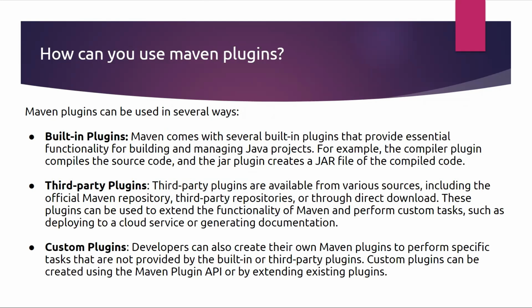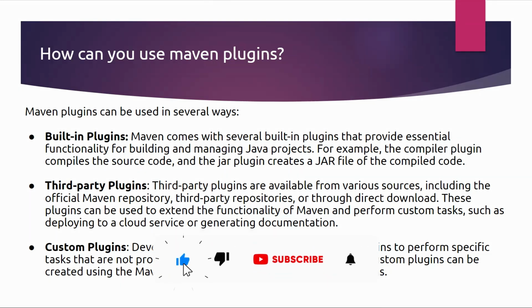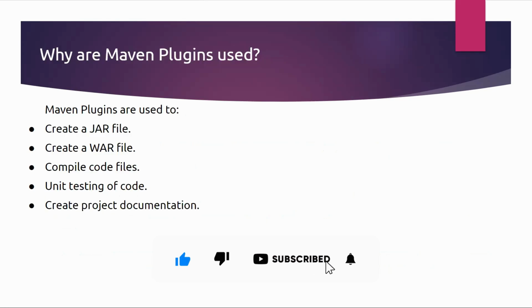Now, how can you use Maven plugins? Maven plugins can be used in several ways. First, you can say built-in plugins, third-party plugins, and custom plugins. So basically, these are the different plugins that Maven uses. And these are the basic information about these plugins. So when you know about the plugins, you need to talk a little bit about it and then done.